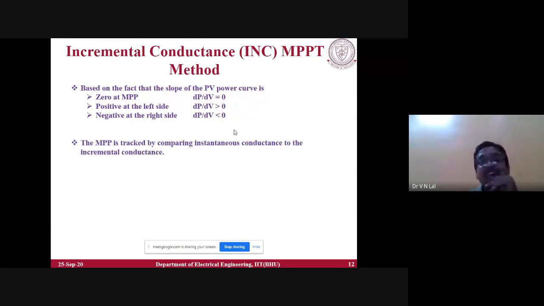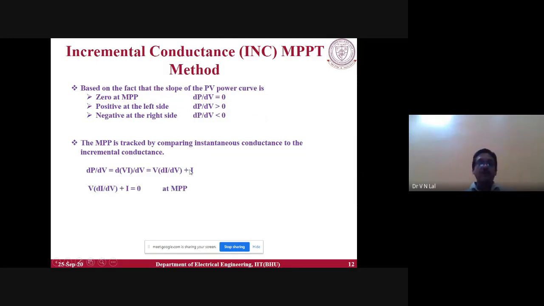Actually, the MPP is tracked by comparing instantaneous conductance to the incremental conductance. How? Because this dP/dV can be expressed as d/dV of P, where P is equal to V multiplied by I. So dP/dV is equal to V into dI/dV plus I. Now, at MPP, dP/dV is equal to 0, so this part is equal to 0.